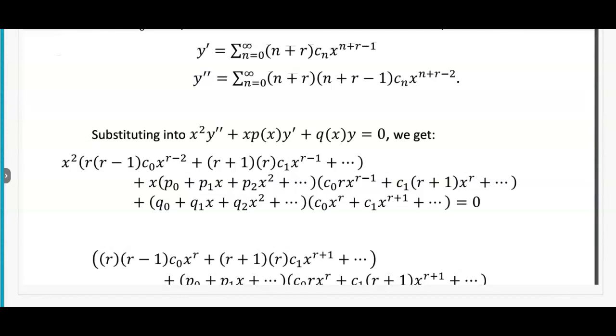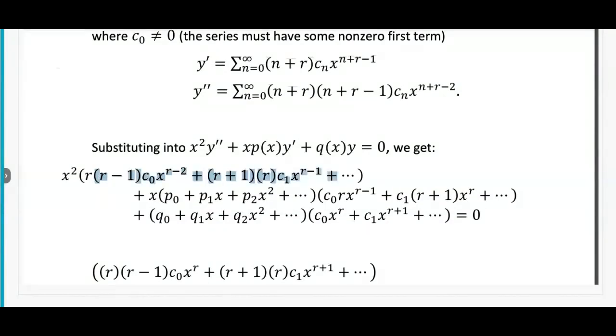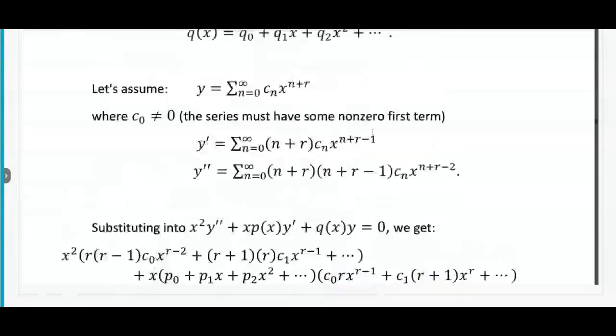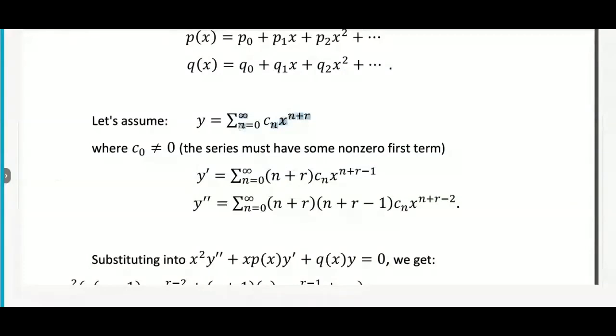Anyone has any question? So we just wrote out the first couple of terms for this one, and the first couple of terms for this one, and just 2 terms for y.